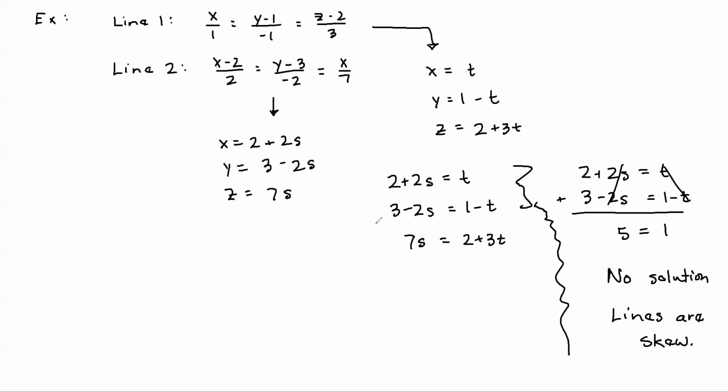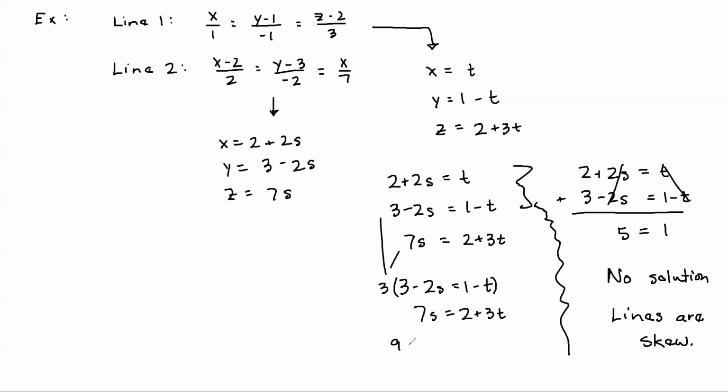All right, so if you pick the bottom two, let's put those together. So we're going to have 3 minus 2s equals 1 minus t, and 7s equals 2 plus 3t. Okay, so let's say we want to eliminate the t's, so we'll multiply the top one here by 3.